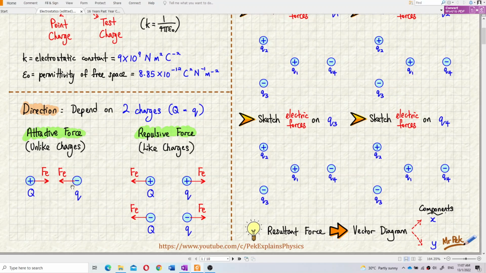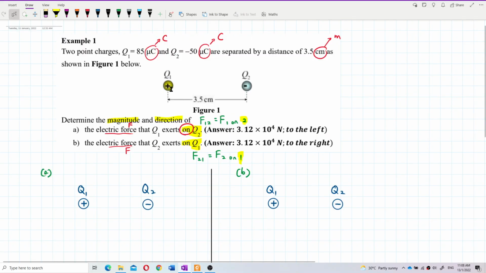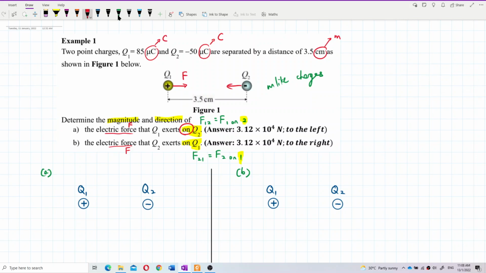For this one, this is a positive and a negative, unlike charges, so they attract each other. This is the electrostatic force.